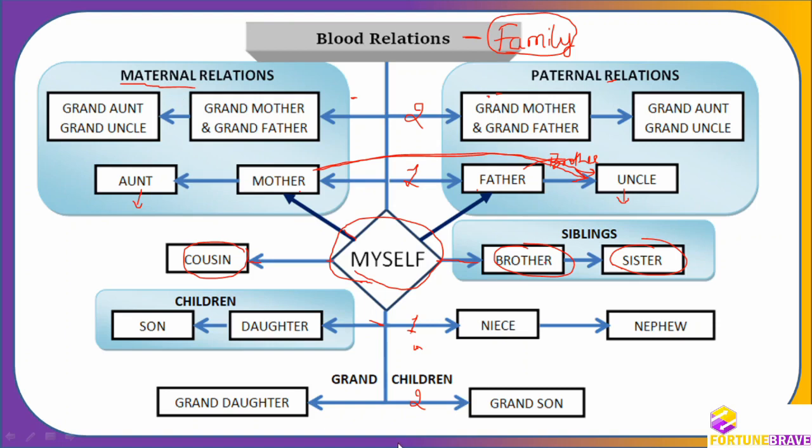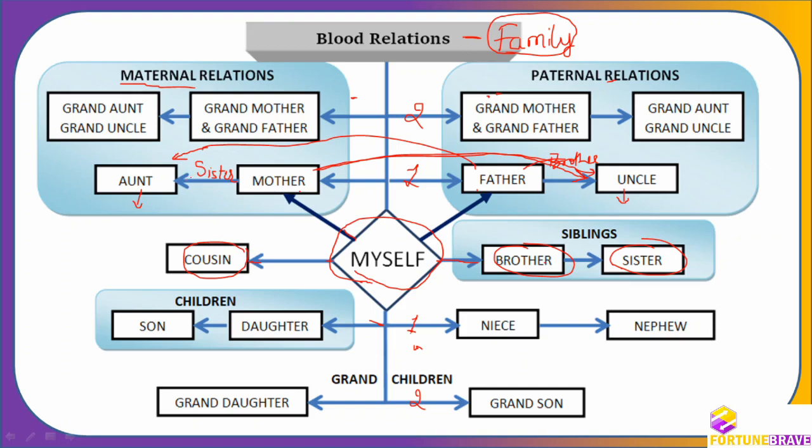So one generation above we are here, and then you can see here aunt is also there. Aunt is the sister of your mother, or sister of your father as well. So like your uncle, aunt is from both the sides, maternal aunt and paternal aunt.